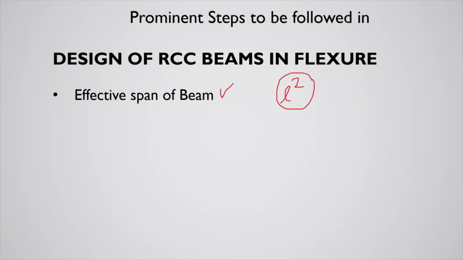So that means if span is larger, then ultimately bending moment value will be increasing, and when bending moment is higher, then you need more reinforcement, as well as your section will become heavy as well as uneconomical. So that's why effective span of beam is very important parameter in the design of RCC beam.